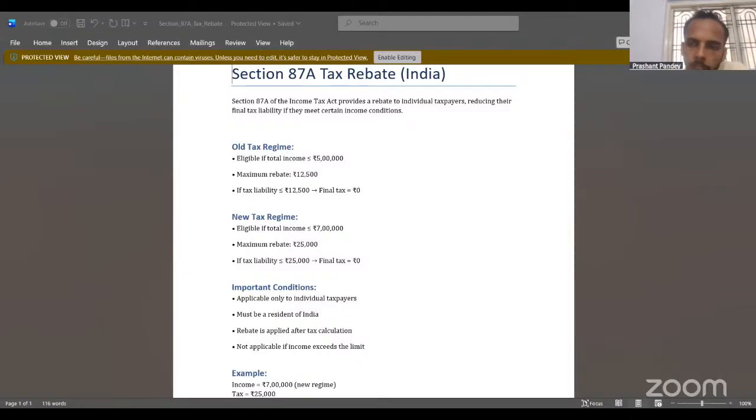Then rebate is what we have learned. Rebates are basically to reduce the tax liabilities directly, if the conditions are met. Which section talks about rebate? Section 87A talks about the rebate.